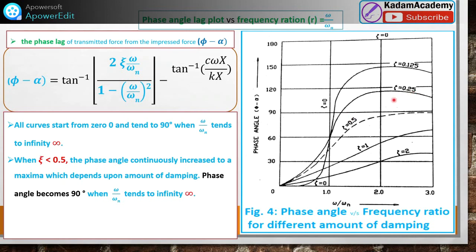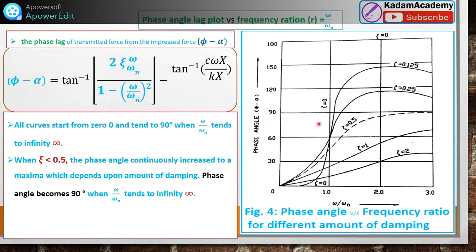This 0.25 is less than 0.5, and this 0.125 is less than 0.5. So the phase angle lag is going to increase here, and this angle comes towards 90 when omega by omega n tends to infinity.